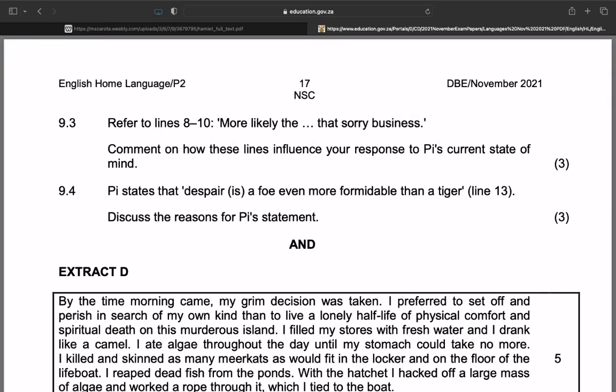You can even go further to argue that Pi puts survival before faith. And I think this is important. Remember that Pi is in survival mode, so that will take preference before faith.